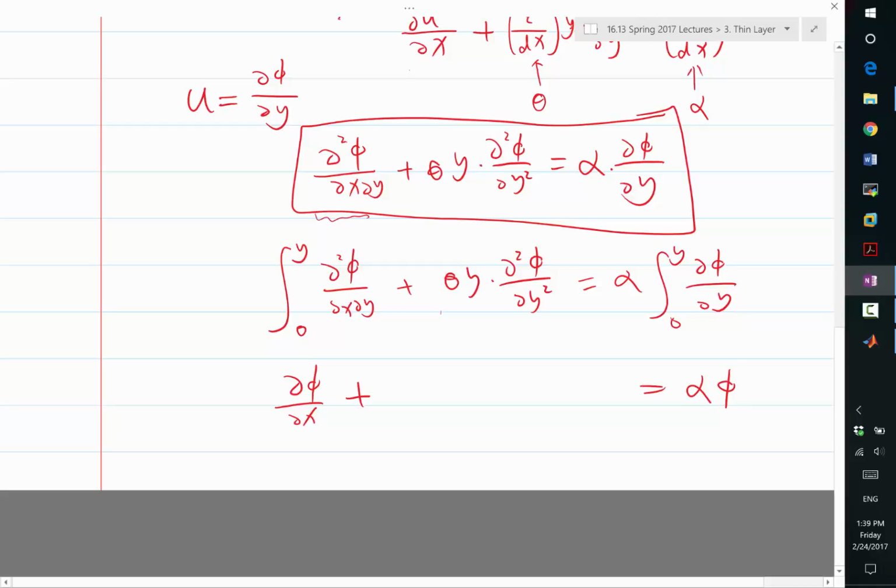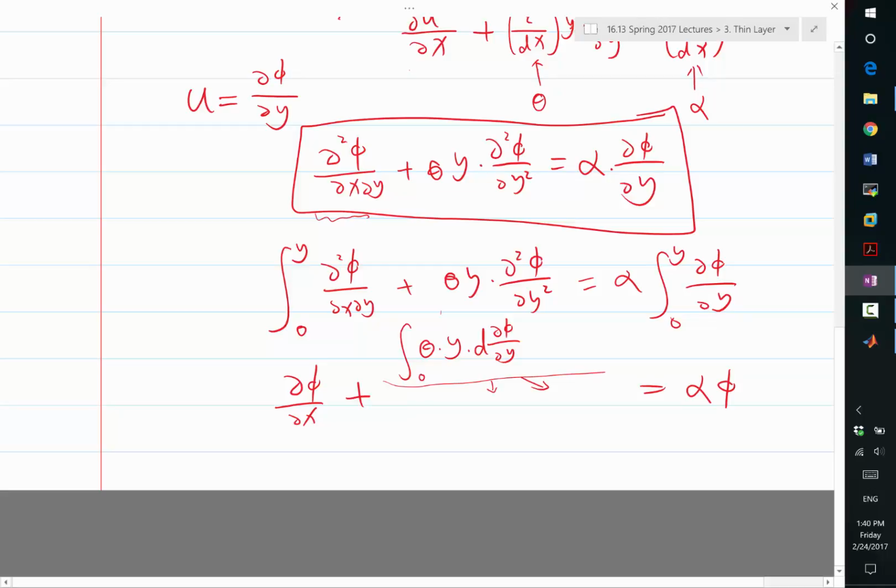This term has some difficulties. Anybody propose how do we integrate the second term on the left? Integration by parts. Yeah, that's right. Great. So we are going to say, okay, this is the integration of theta times y times partial theta partial y, right? So this is how you start integration by parts. And then this is going to be split into two terms.